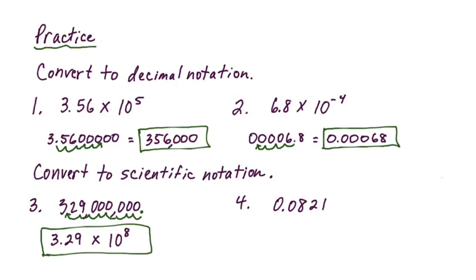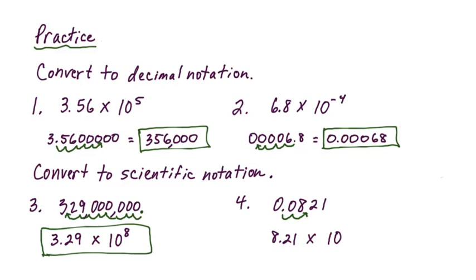Okay, on number 4, we've got 0.0821, or 821 ten-thousandths. And so, let's see, we need to move that decimal so that we have a number with 1 digit left of the decimal. So let's move it to the right of the 8, between the 8 and the 2, and that's going to be 8.21.